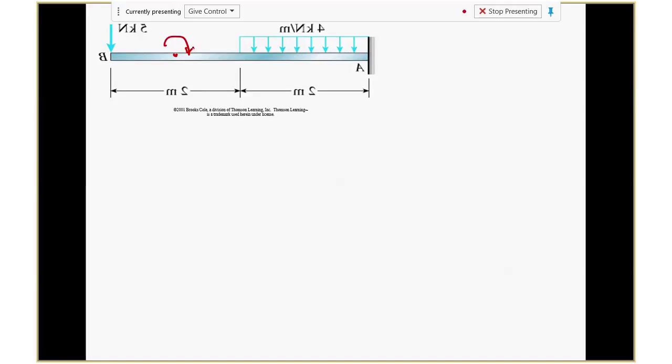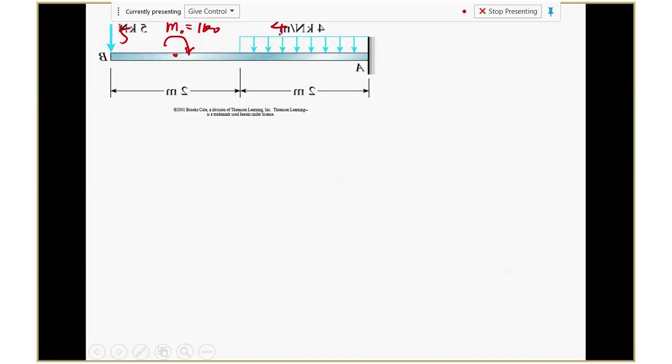Give a value: MO equals 100. This P here looks like the value was 5, so we have a force of 5 here, P. And the Q was 4, so Q equals 4.